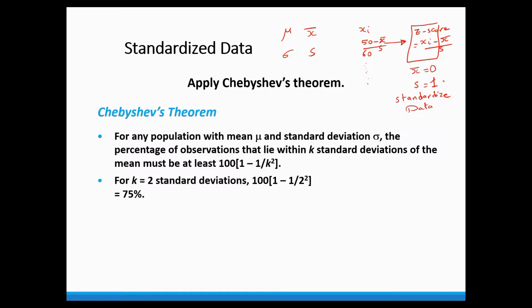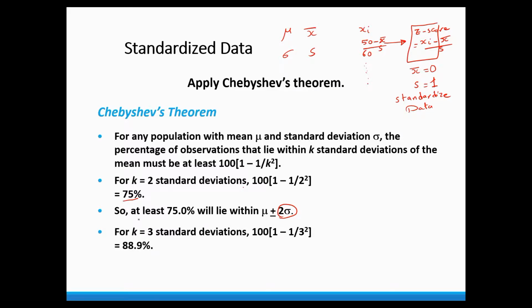So according to Chebyshev's theorem, for k equals 2 standard deviations, we would find that at least 75% of our data lie within the mean plus or minus 2 standard deviations.